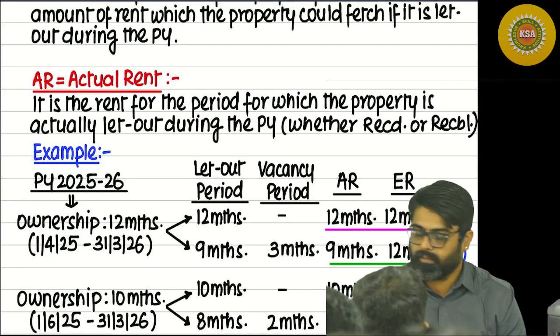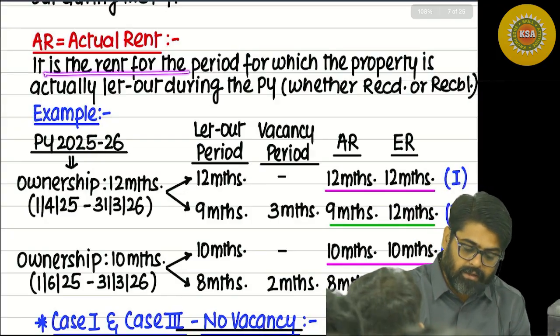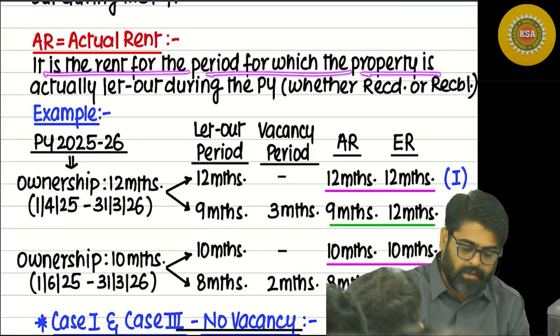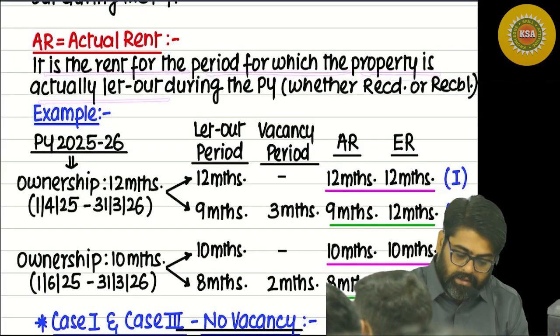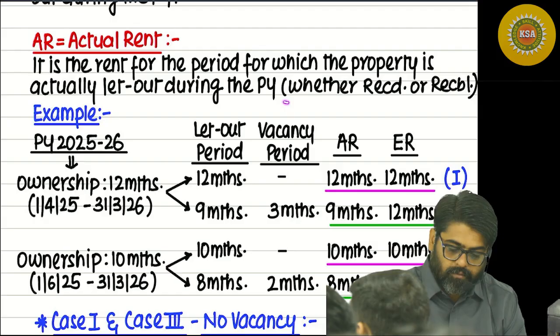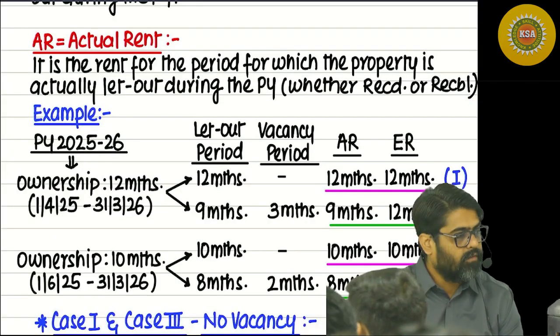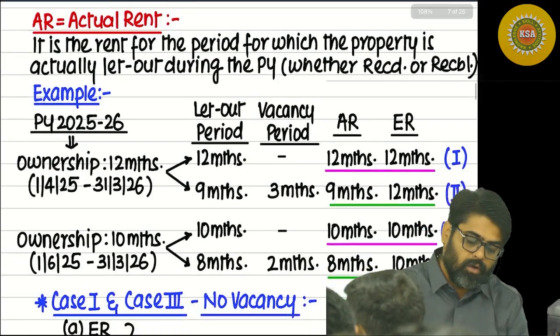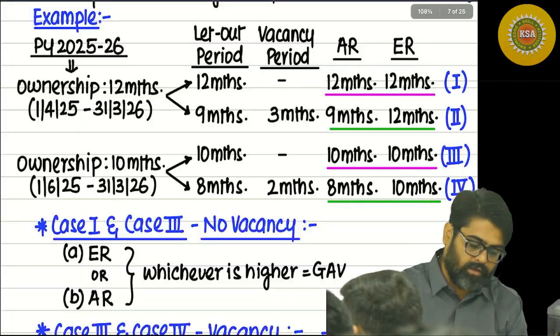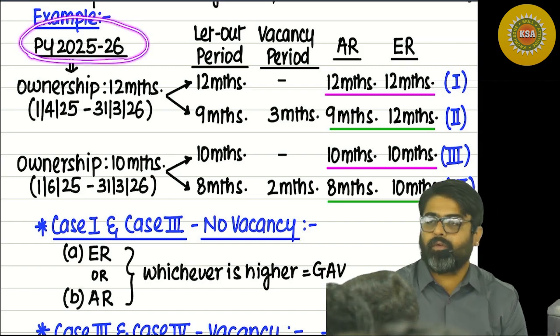So what is the meaning of actual rent? I told you, it is the rent for the period for which the property is let out, whether received or receivable.